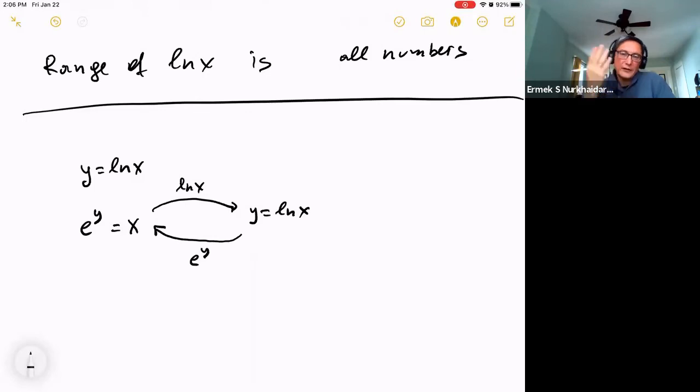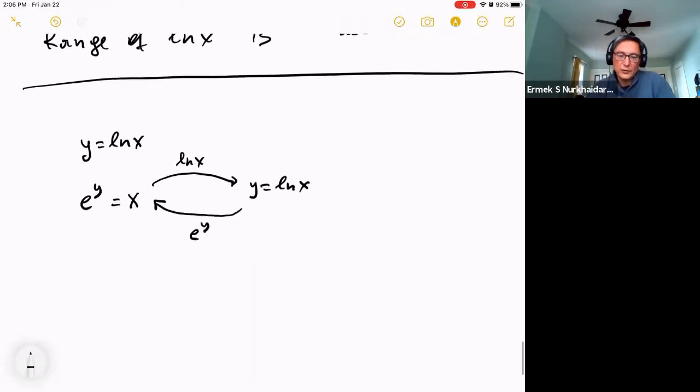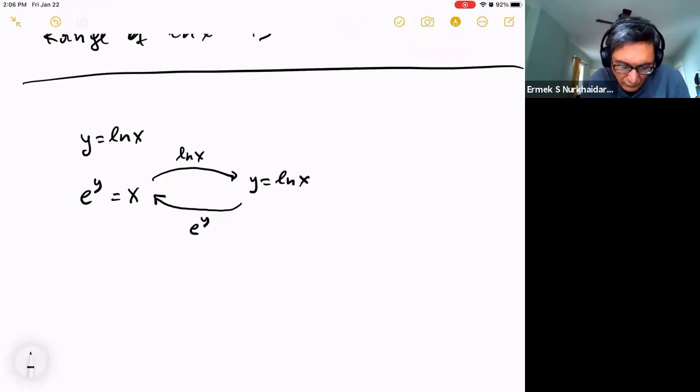So from here we can write down a couple of formulas. For example, you recall that y is ln of x, so e to the ln of x equals x. That's a property.